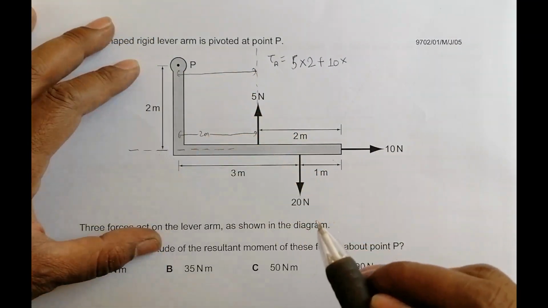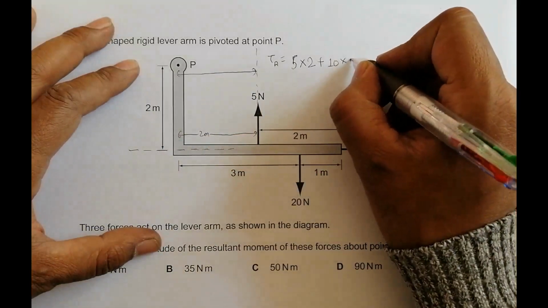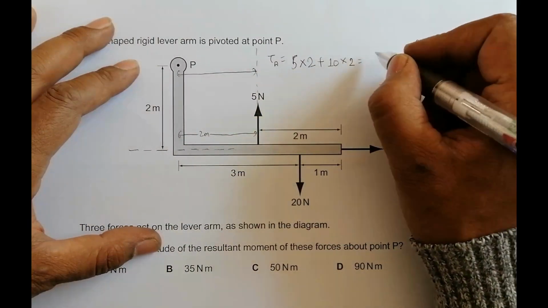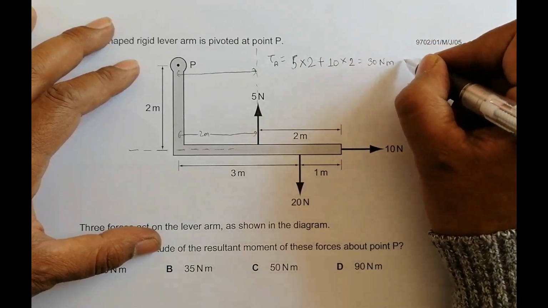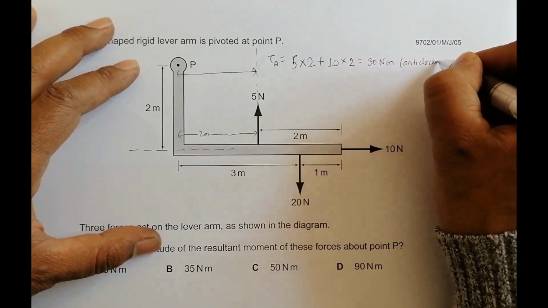So it's equal to 2. So 5 twos are 10, 10 twos are 20, 10 plus 20 is equal to 30 Newton meter, and it is anti-clockwise.